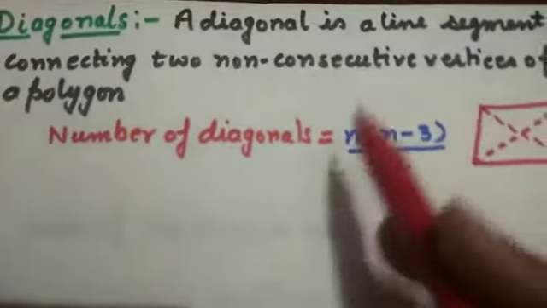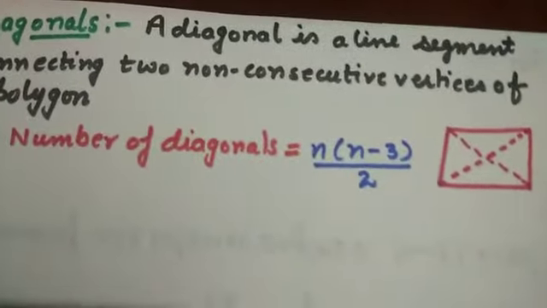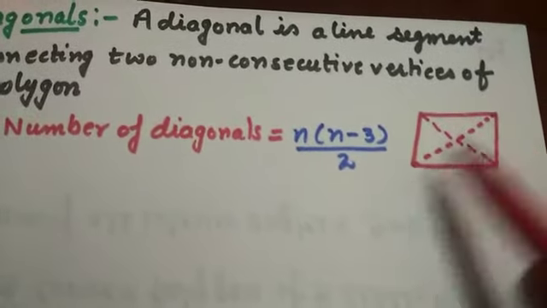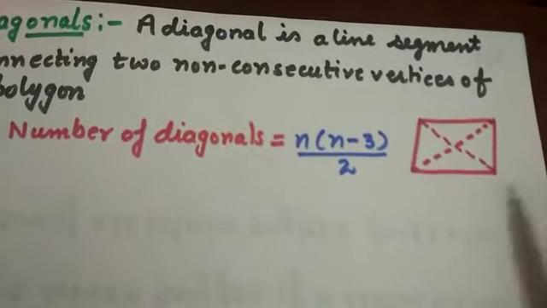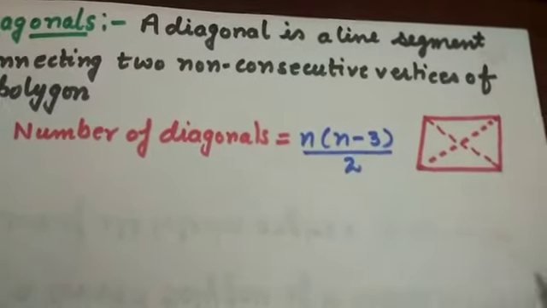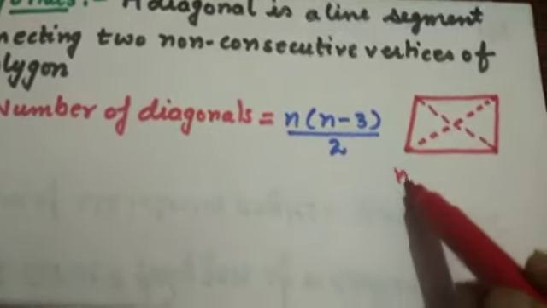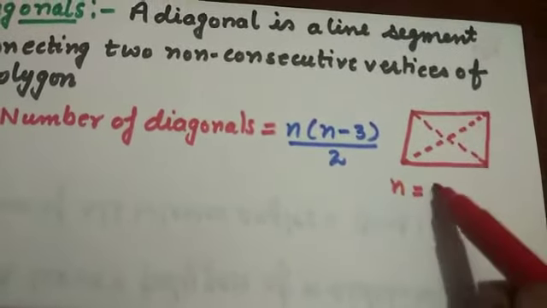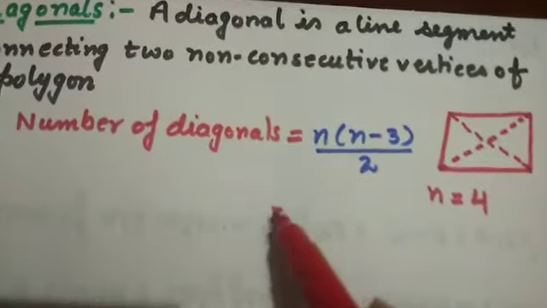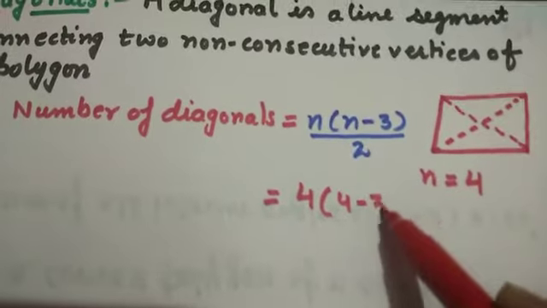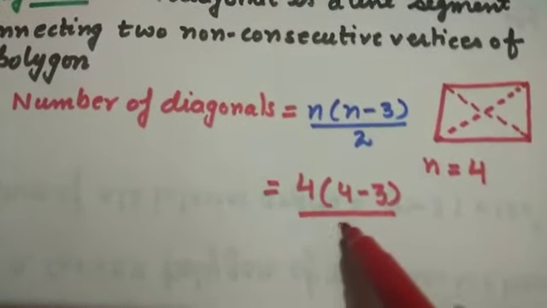Now, we'll take an example. With the help of the formula, we'll find out the number of diagonals of a quadrilateral. In a quadrilateral, you can see we can draw 2 diagonals. Now we'll verify by using this formula. N means the number of sides. There are 4 sides. So we'll put the value in the formula: 4 into 4 minus 3 divided by 2.